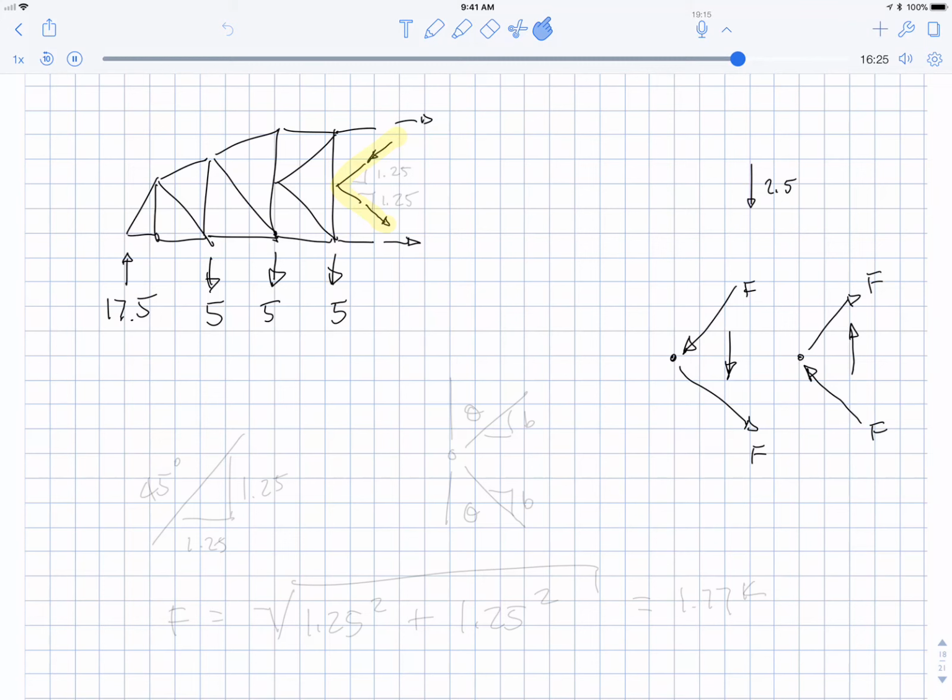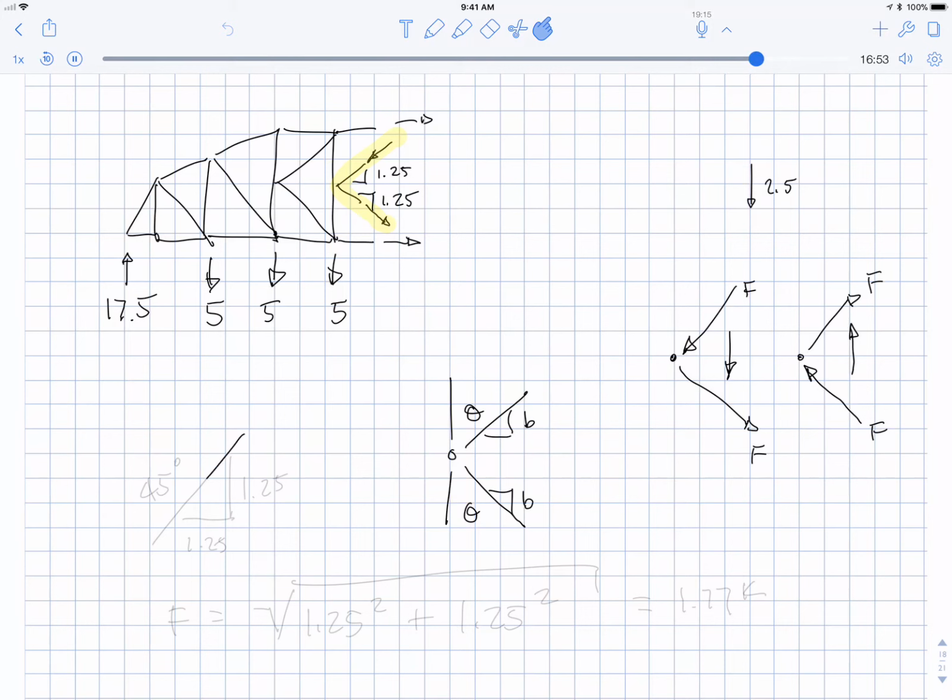And if you remember what we said in this K joint, if the angles are equal, these vertical components are equal. And so if we have a total of 2.5 coming down, that means that this component there has to be 1.25, half of it, and that component has to be 1.25, half of it.